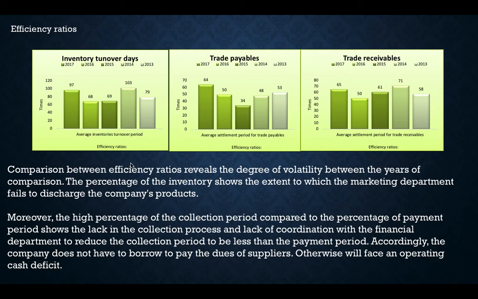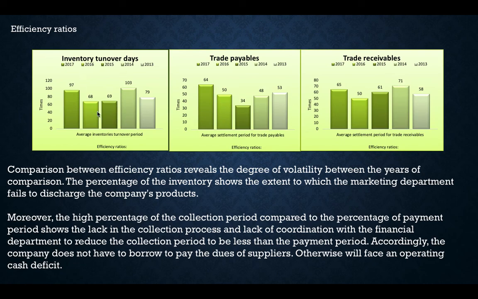We're going to take only one example of efficiency ratios. Efficiency ratios give you an indication of how the department is going. For example, here, this measures the marketing department efficiency. Here it is the finance. Here it is the marketing also and the finance, how they are working.